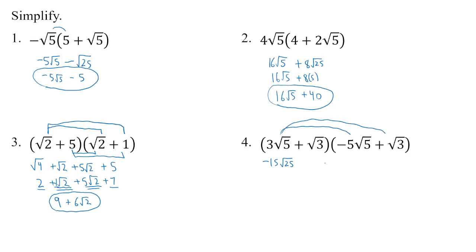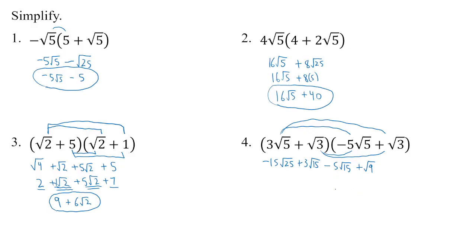Next, we have 3 times the square root of 5 times the square root of 3, and that will be 3 times the square root of 15. We have the square root of 3 times negative 5 times square root of 5. That gives you negative 5 times the square root of 15. Finally, we got the square root of 3 times the square root of 3, which is the square root of 9.